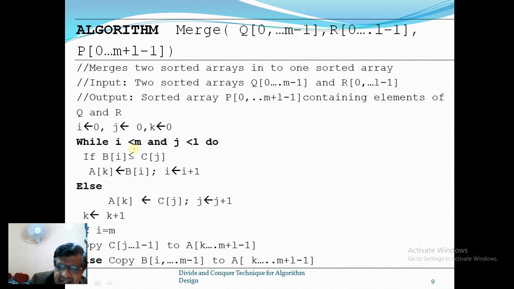While I is less than m, because the boundary for I is less than m, and j less than l, it can move up to l, this can move up to m.